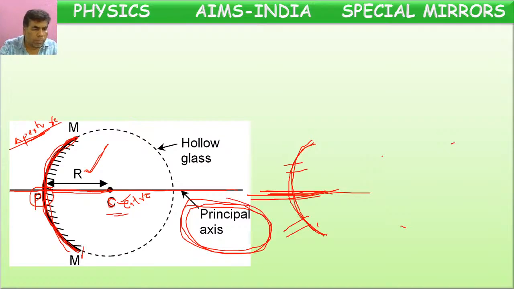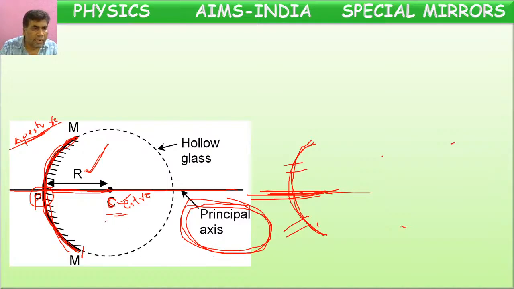The principal of the school means the main person who will manage the school. For finding the image, this principal axis is very important. That's why the line joining the pole and center of curvature is called the principal axis.